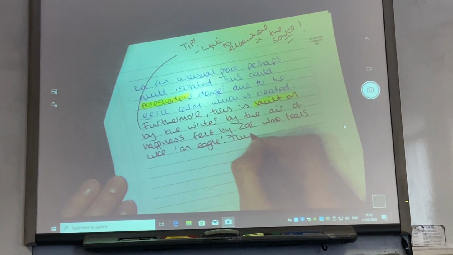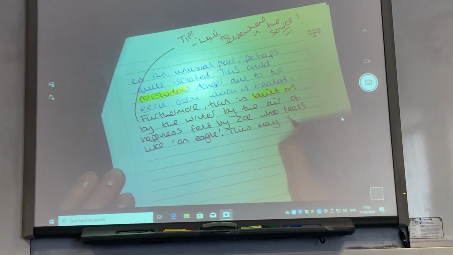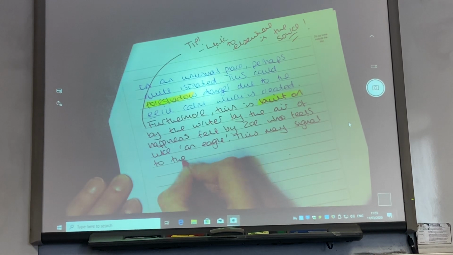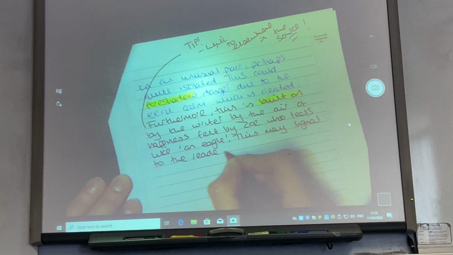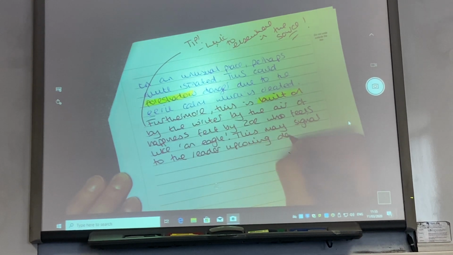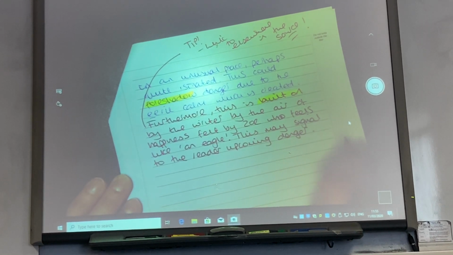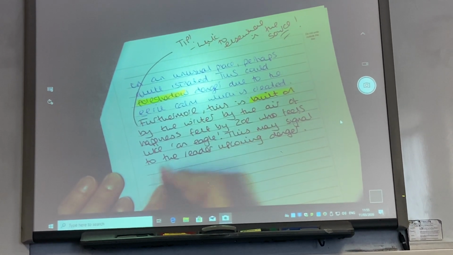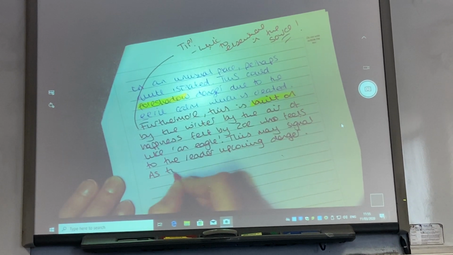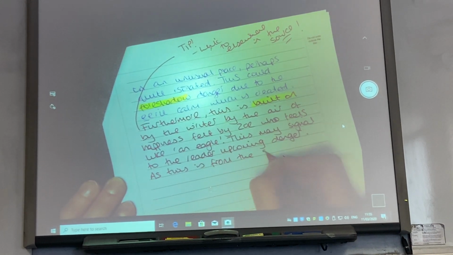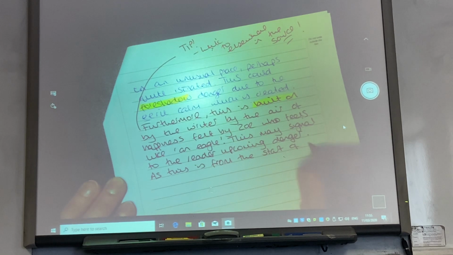This may signal to the reader upcoming danger. I'm just going to mention that it's a novel as well, as this is from the start of a novel.